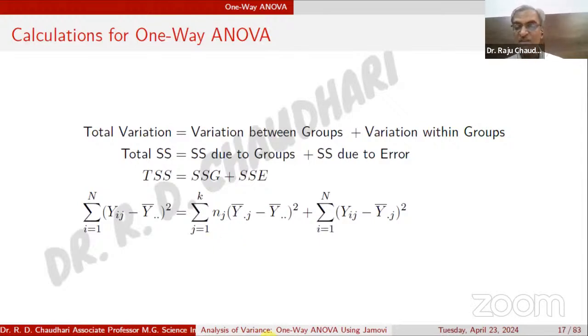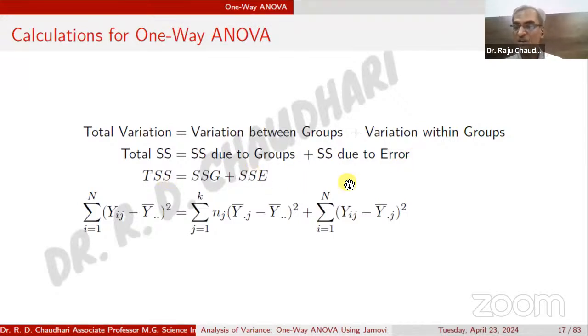And then according to the theory of one-way ANOVA, as I have already explained, the total variation in the entire data is because of variation between the groups or variation within the groups. Between the groups is known as sum of squares due to groups, and within the groups it is known as sum of squares due to error.